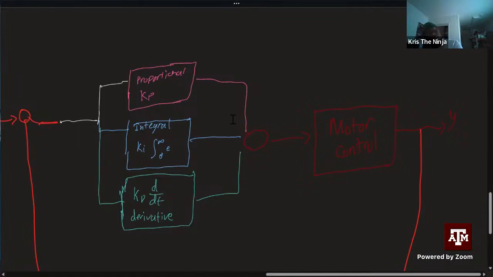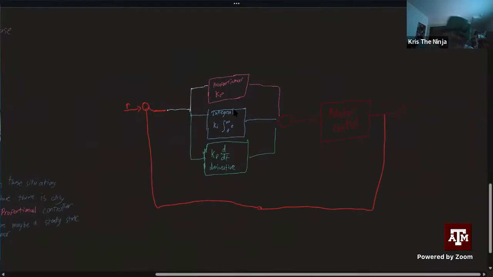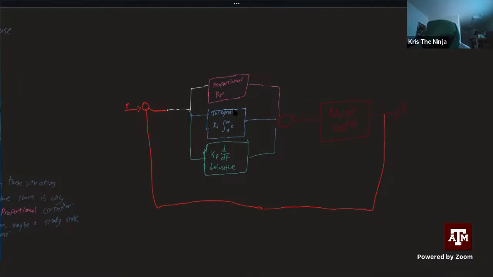Okay, so how are these graphs gonna look? How are they gonna look? So at the reference point, so our reference or output graph.